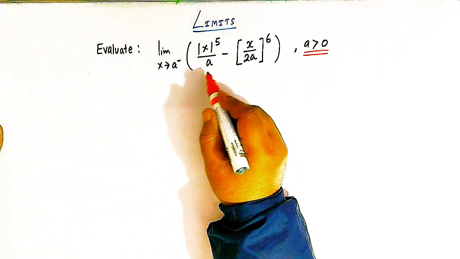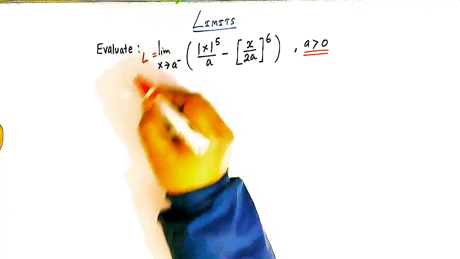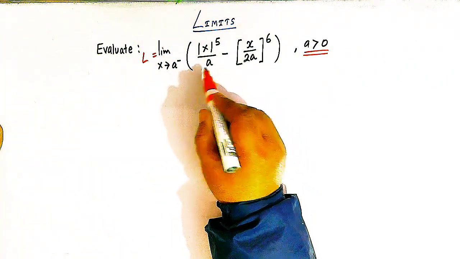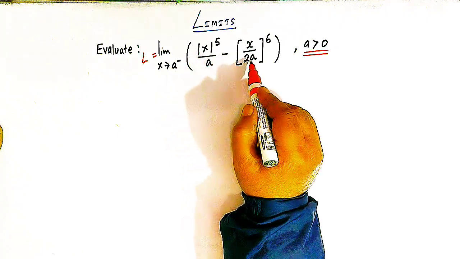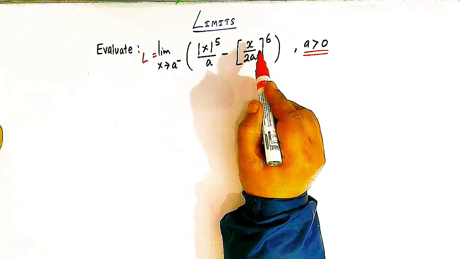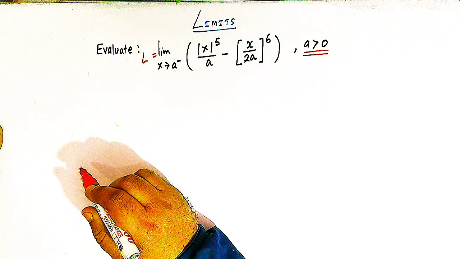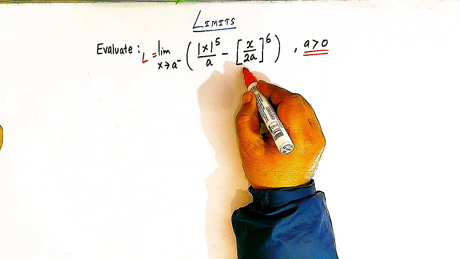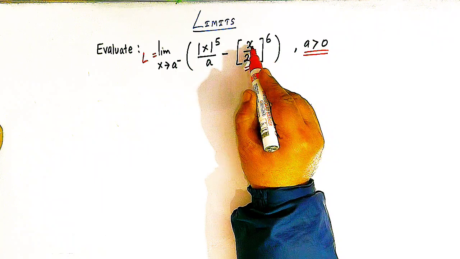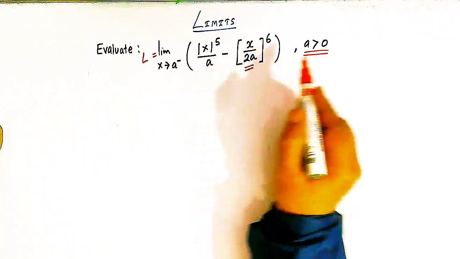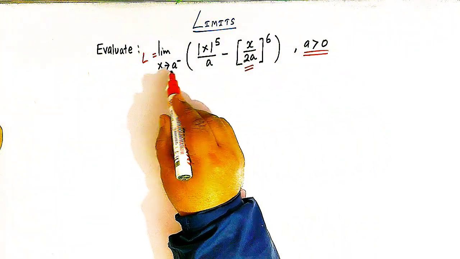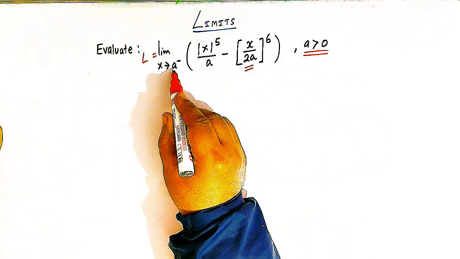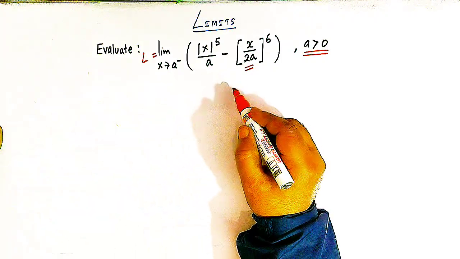So now see here we can call this limit as L. Here we have two terms. The first one containing the mod function and the second one containing the greatest integer function. So let us first take care of this term. We are given a is greater than 0 and x is approaching a from the left of a.